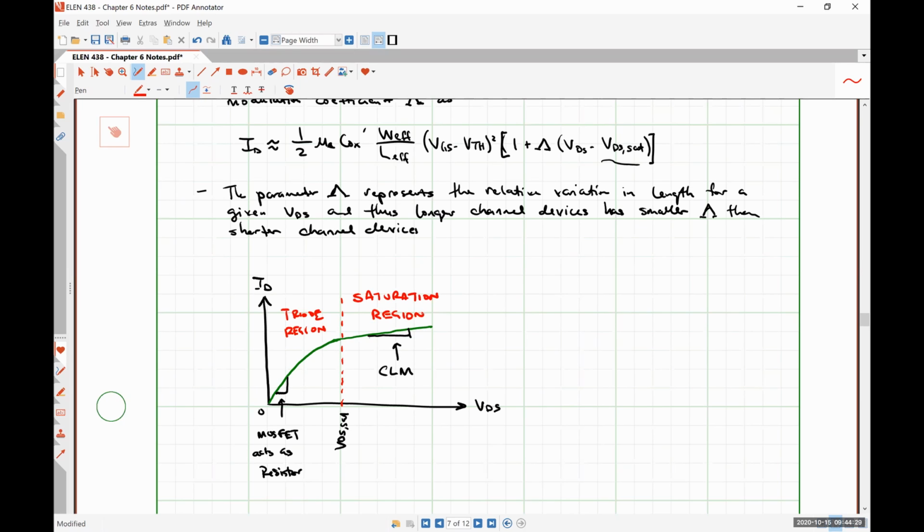So after processing and all that kind of stuff, somewhere on the order of 500 nanometers, channel length modulation is going to be much less of an issue than if we were designing things using, say, the TSMC 180 nanometer technology, where lambda is effectively 90 nanometers, or roughly 3 times smaller. So the channel length modulation effect should be roughly 3 times larger.